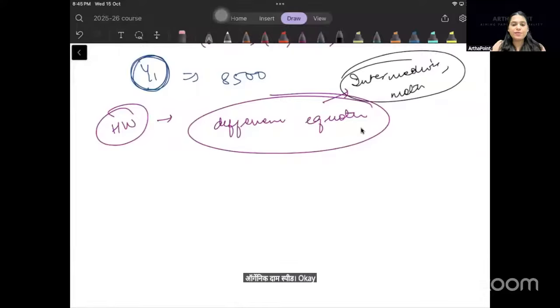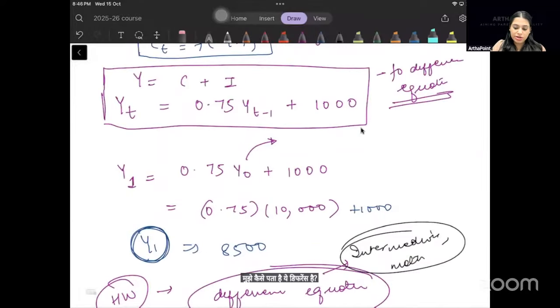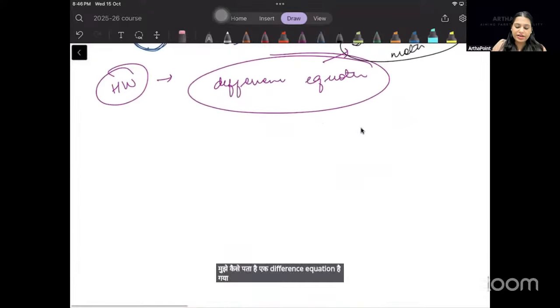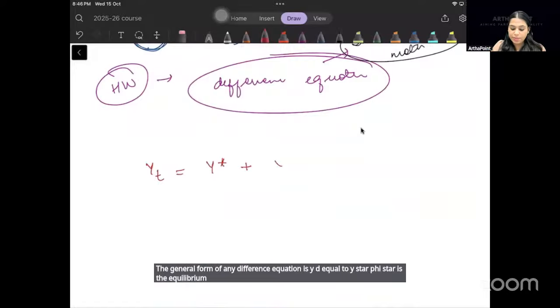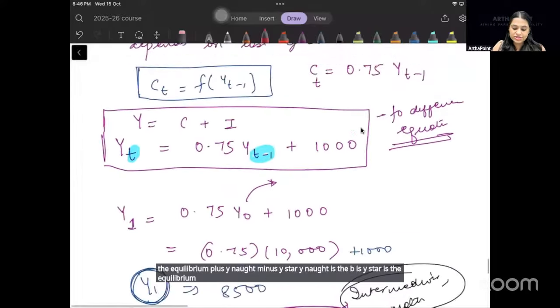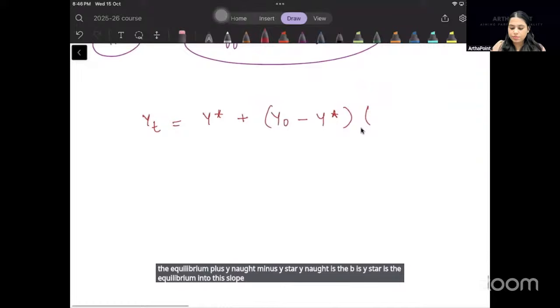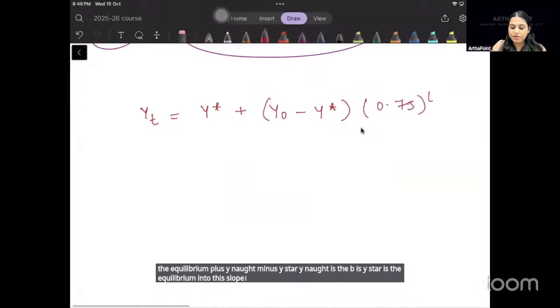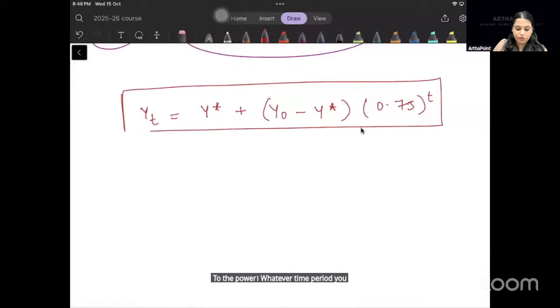Okay. The general form of any difference equation. मुझे कैसे पता है difference equation है? Because this has t and t minus 1. The general form of any difference equation is yt equal to y star, where y star is the equilibrium, plus y naught minus y star, where y naught is the base, into this slope to the power whatever time period you want to find out for.